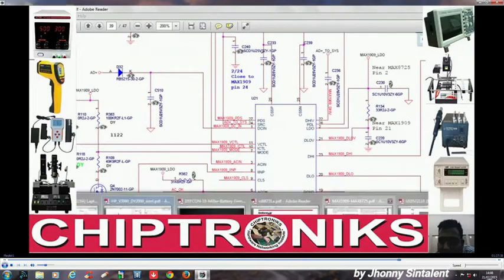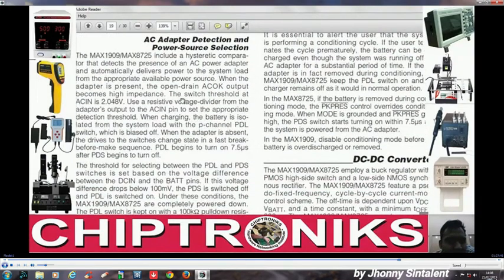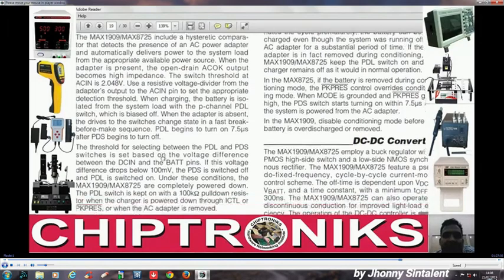And you see over here, use a resistive voltage divider from the adapter output to the AC pin to set. When charging, the battery is isolated from the system load with the P channel PDL switch, which is biased off.